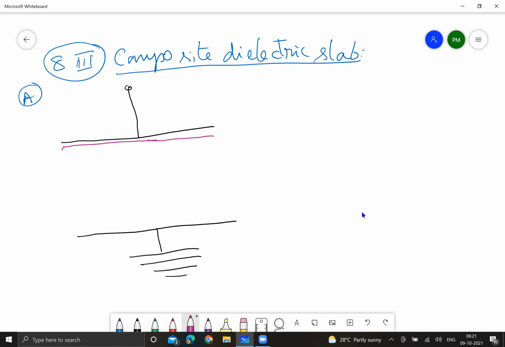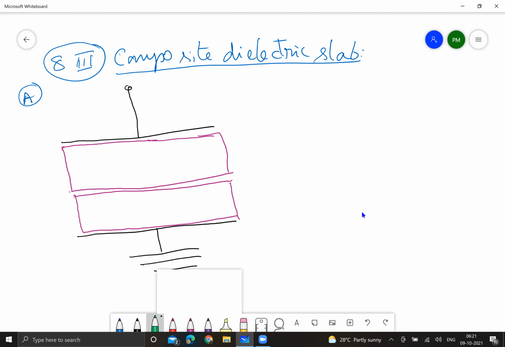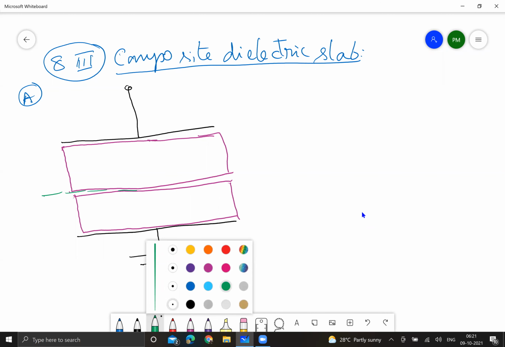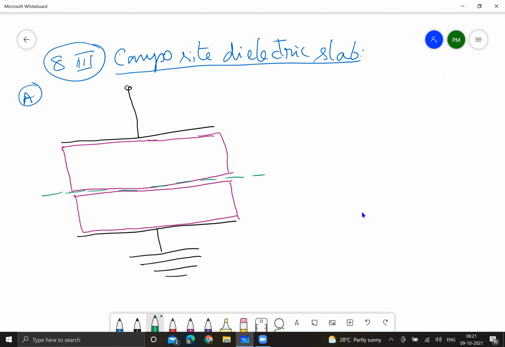Each dielectric is filling half of the plate separation, like this, such that this is d by 2, t by 2. It can be different also.